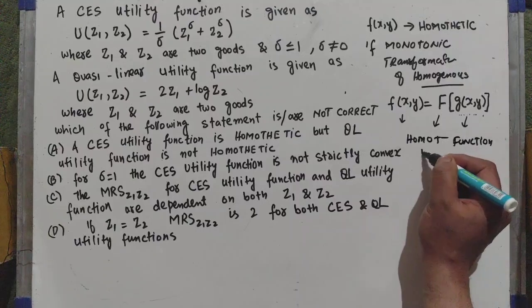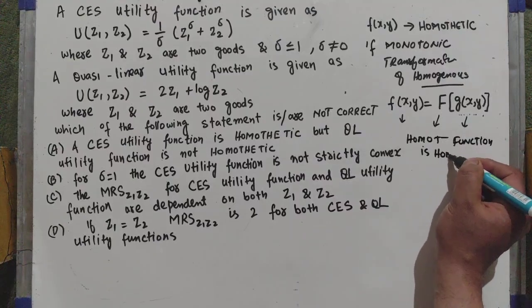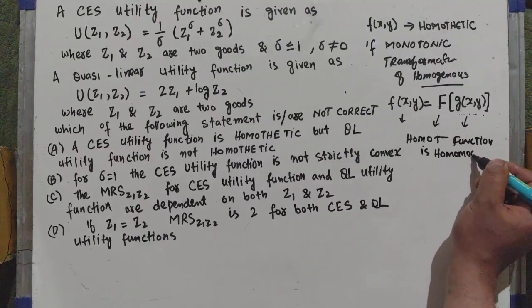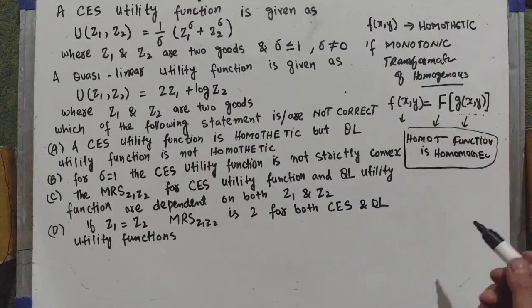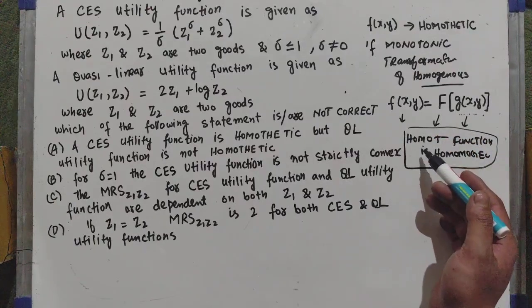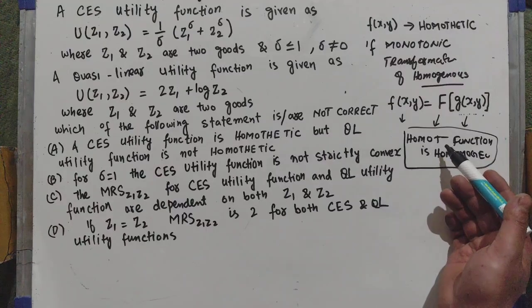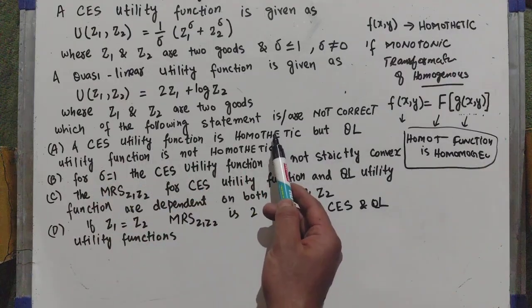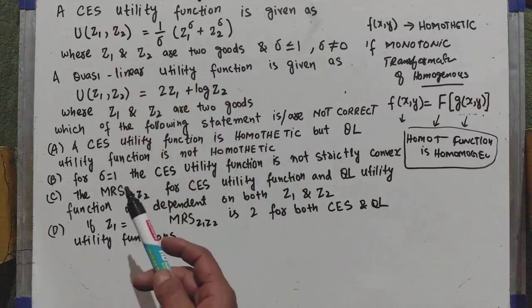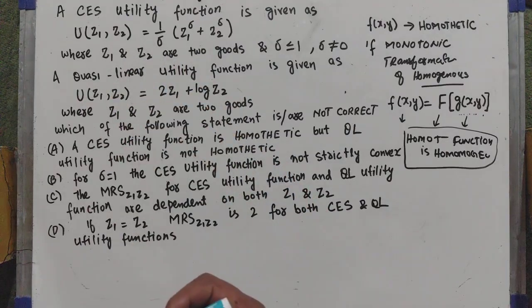If a function is homogeneous, it is automatically a homothetic function. So a CES utility function is homothetic if it is a homogeneous function. So how do we check the homogeneity?